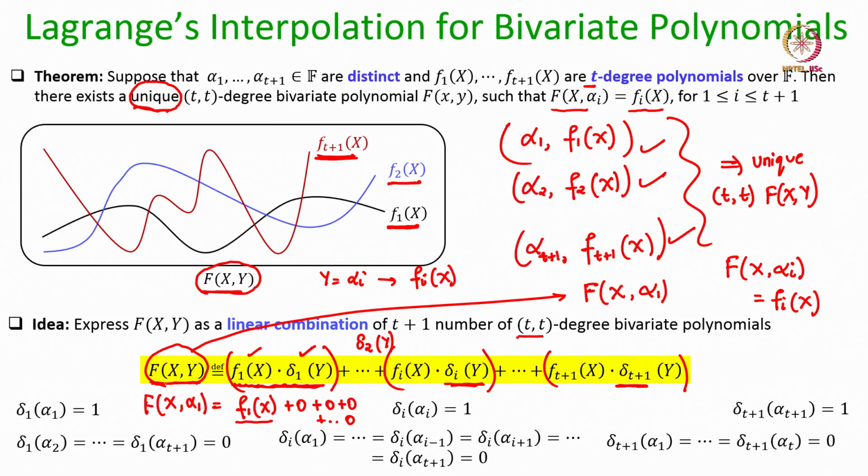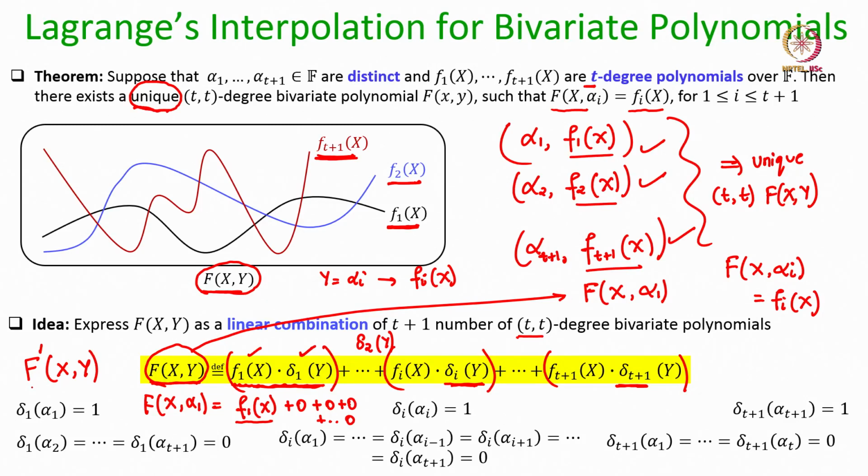We have shown definitely one such polynomial is there. Now, to show the uniqueness part, that means there is only one such f of x y polynomial, and you do not have any other polynomial f prime of x y which also passes through these univariate polynomials. Well, we can show the uniqueness part very easily. We can prove it by contradiction.